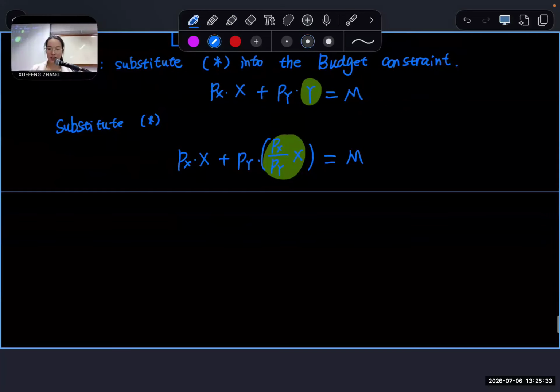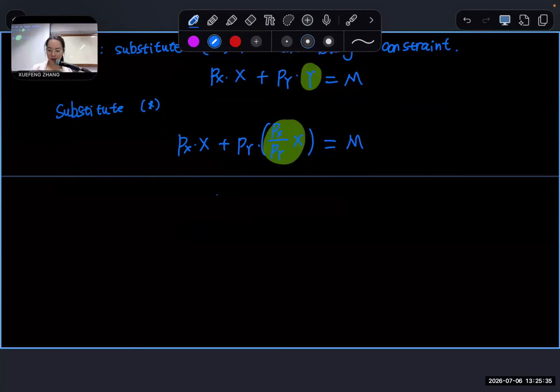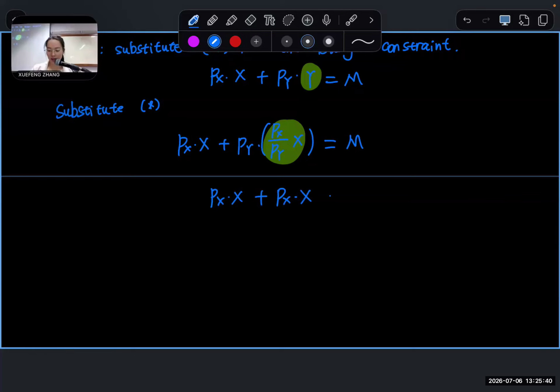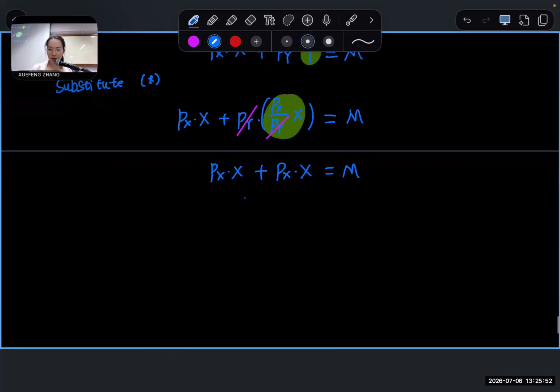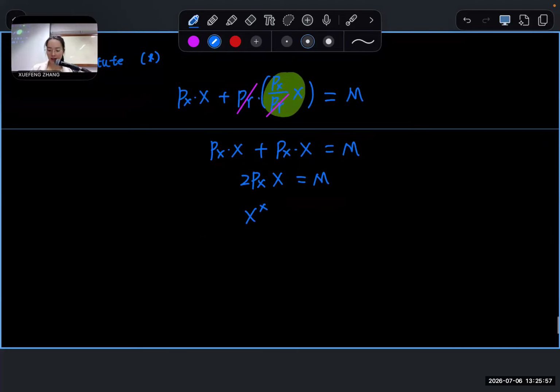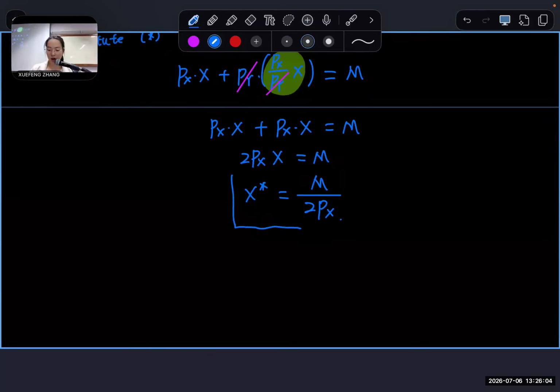And then do the simple algebra: you will get Px times x plus Px times x equals m, because here we can cancel out Py, right? One is in the numerator, another is in the denominator. So 2Px x equals m, so x star equals m over 2Px. This is our demand function for x, right?